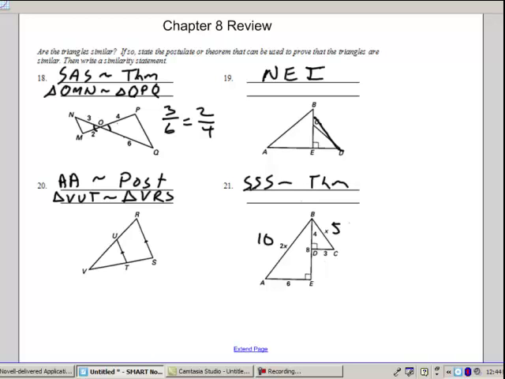And I am going to go from smallest to large. So I'm going to say triangle, the one on the right, C, what is that letter? A, B, C, D, E. So C, D, B, going 3, 4, 5 is going to be similar to triangle A, E, B, 6, 8, 10.